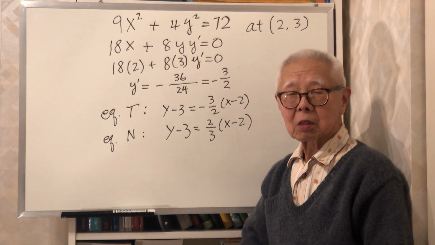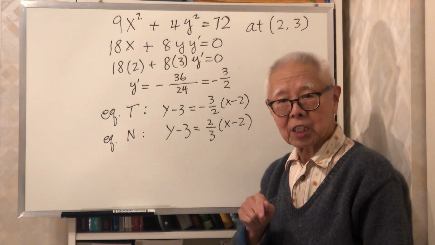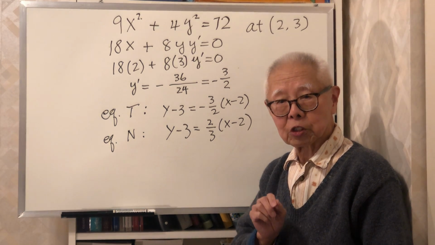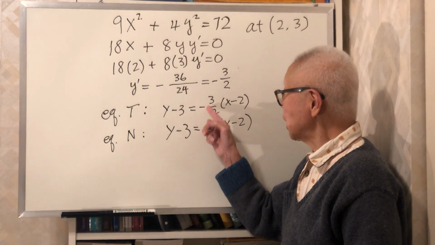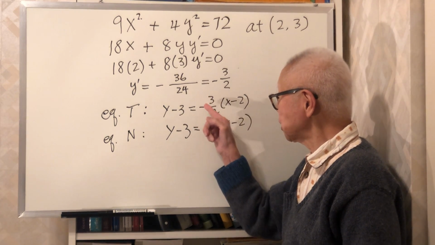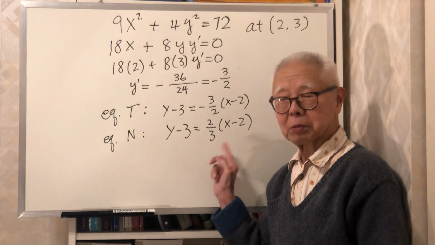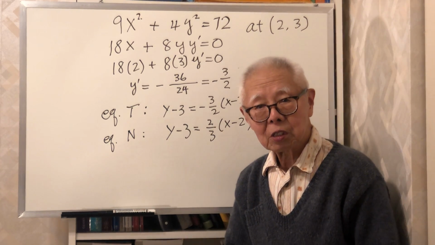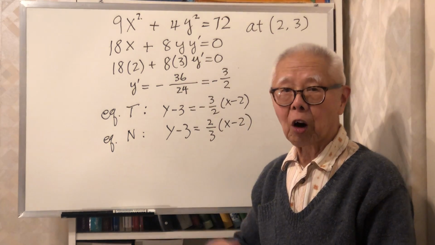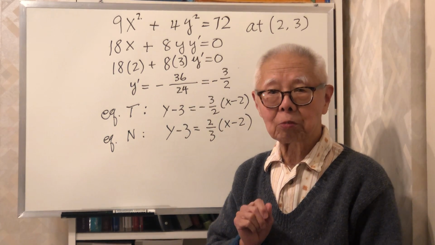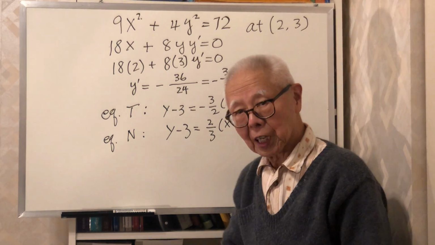For the normal, the slope of the normal is the negative reciprocal of the slope of the tangent. y minus 3, the negative reciprocal of this is 2 over 3. So we have the equations of the tangent and the normal in the standard point slope form. Next, to graph it.